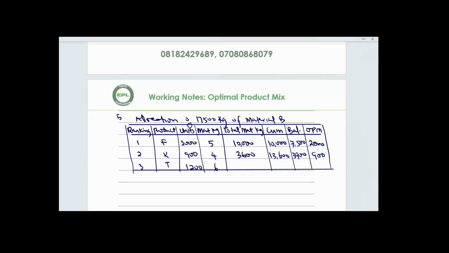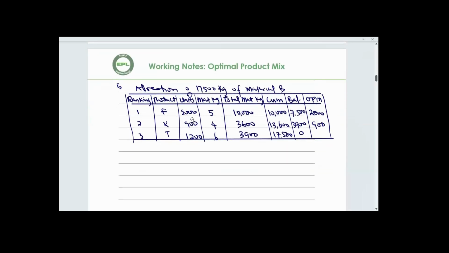1,200 multiplied by 6 will give us 7,200. We don't have 7,200. We only have a balance of 3,900 available. So you restrict your allocation to what you have, which is 3,900. 3,900 plus 13,600 will give us 17,500. 17,500 minus 17,500 will give us 0. Therefore, how many units of product T are we going to produce?